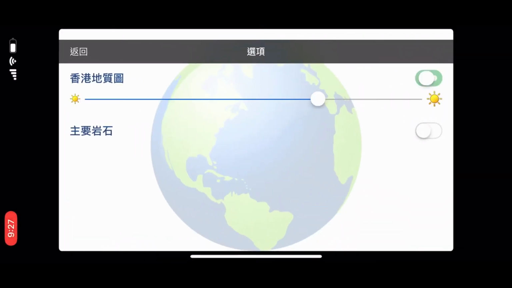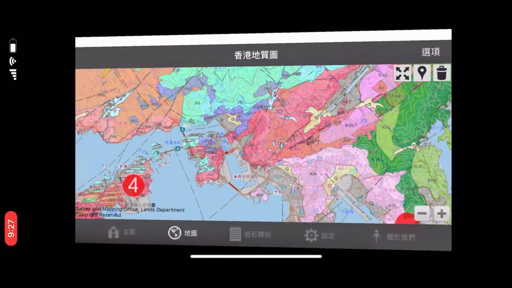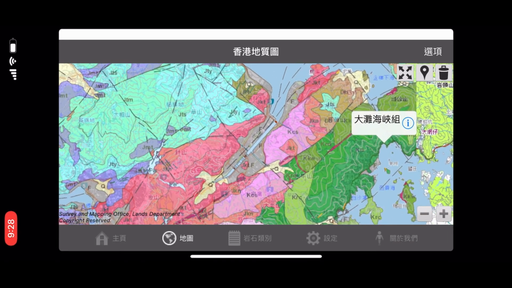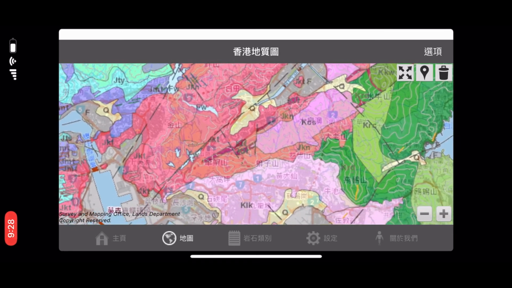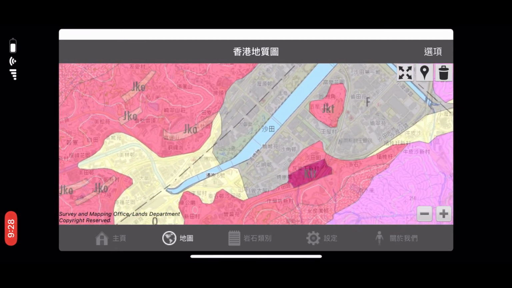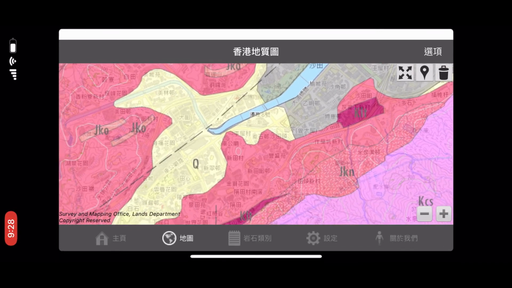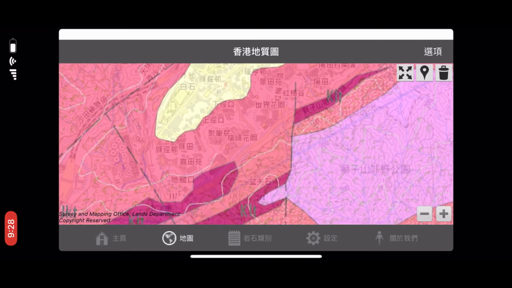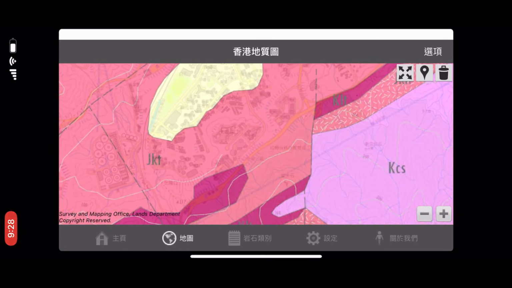So you can see from the aerial photograph there's a valley right here, and provided that the Amah Rock is somewhere like here, let's see, yeah, it should be somewhere like here.